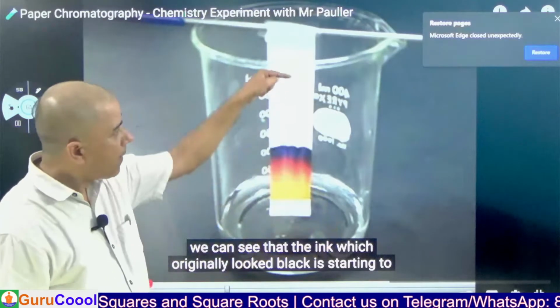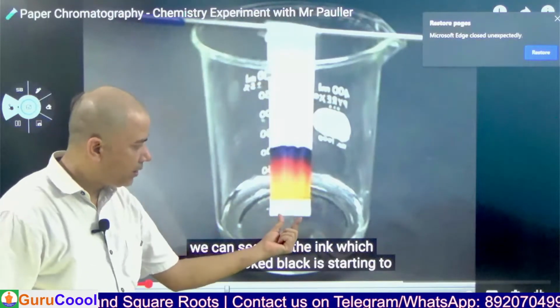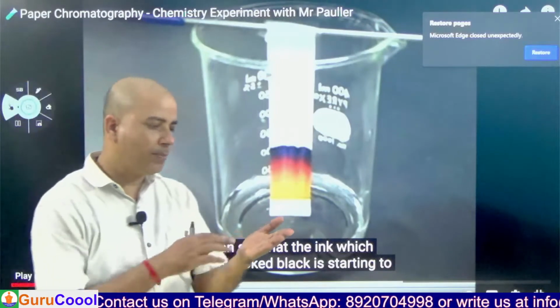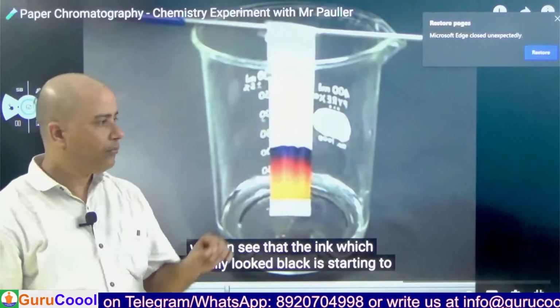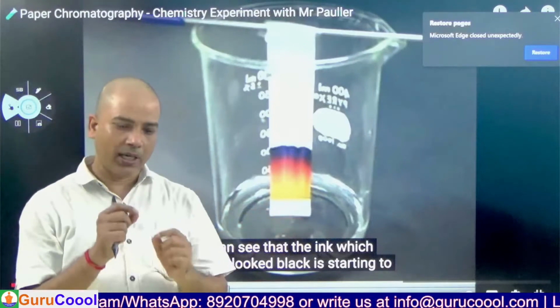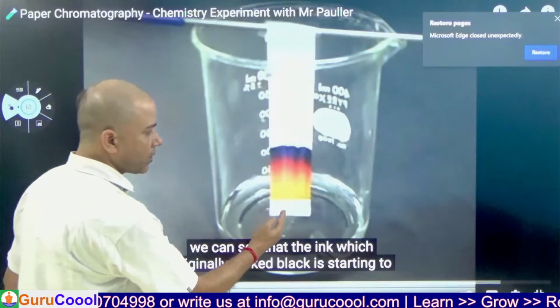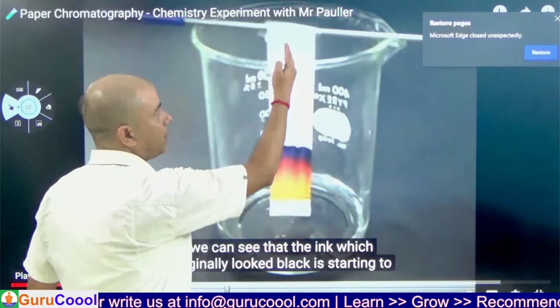The paper strip is touching the water at the bottom. And you might have seen that when one end of a paper strip is wet with water, water slowly spreads throughout the paper till the other end.